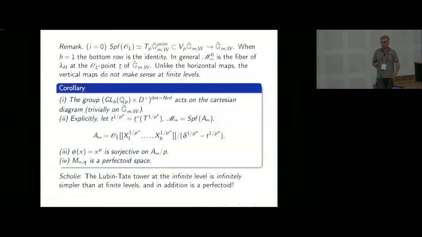So raising to the power p will be surjective, and that's the basic idea behind proving that the generic fiber, this adic space, is also a perfectoid space. So that's one of the main results of Scholze and Weinstein.